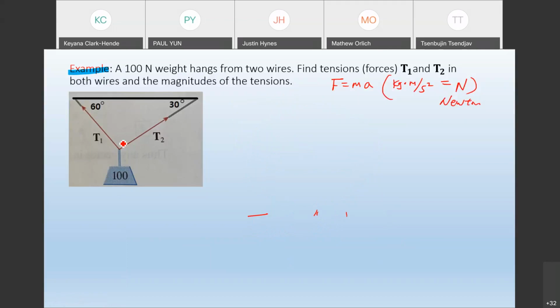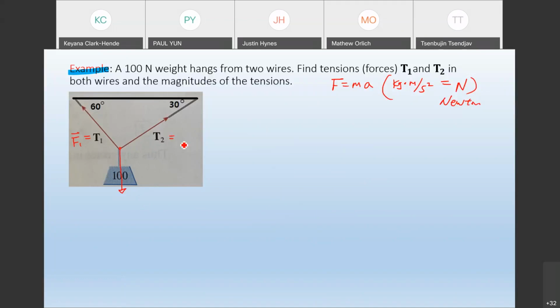This guy wants to go down because of gravity, and then they're not moving. Equilibrium, so the summation of forces is zero. Let's say this is tension, basically force 1. Tension is force, how tight the string is. This is force 2.